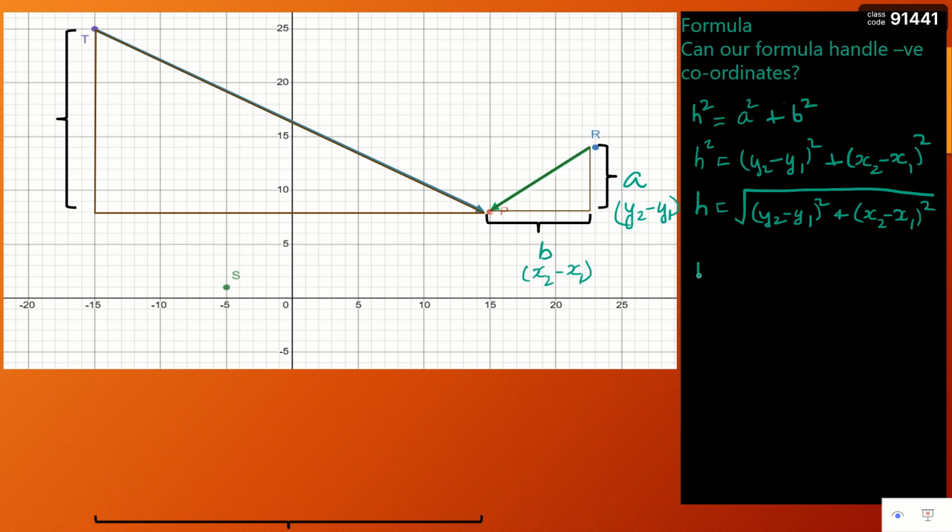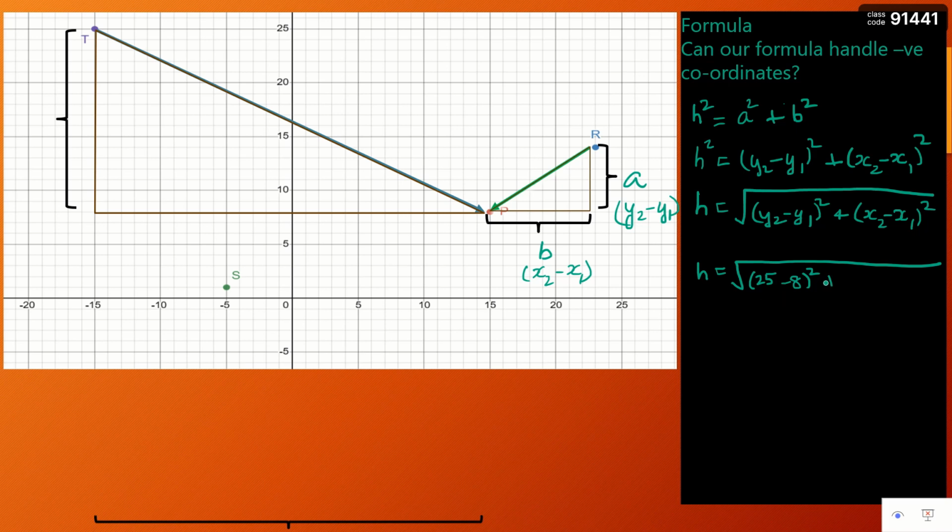So we're going to say h equals the square root again. Now y2 is 25 minus y1 here is 8. Both are positive values, both are above the origin. So it is 25 minus 8 squared.